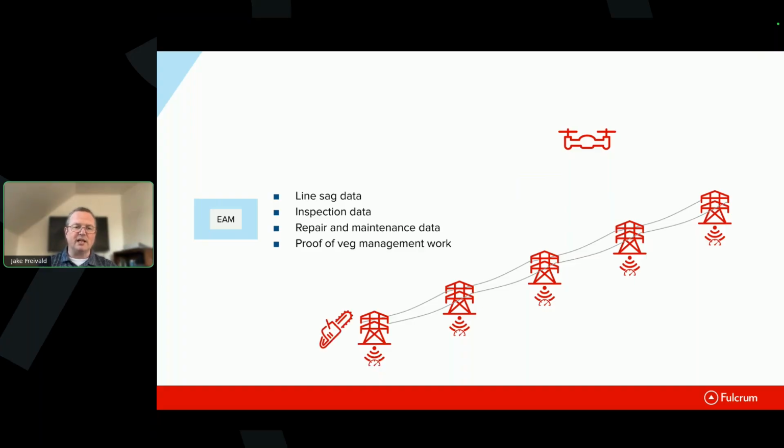And of course, they're going to send out people to do the vegetation management, to make sure that process is also taking place as appropriate. And then once they've got that data, once they're able to show that they are doing all of the right things out there in the field, they are going to do some reporting and analytics. Reporting might be something as simple as compliance reporting. Look, I have to do the following inspections.